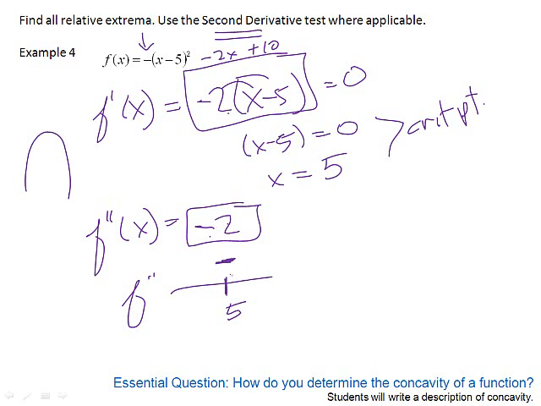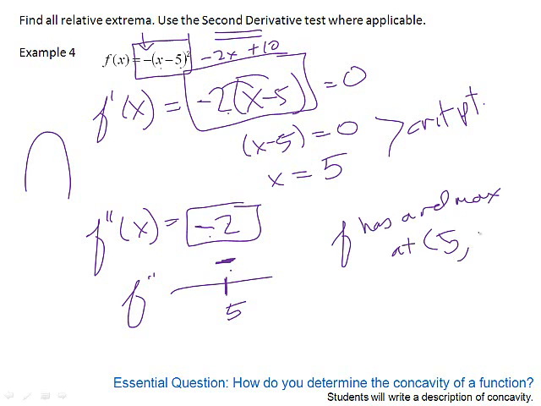Yep. So this will always be what? A max or a min? That's a max. So f has a relative max at, what's my 5? I've got to plug back into my original. When I plug in 5, 5 minus 5 is what? So at 5, 0 is my relative max.